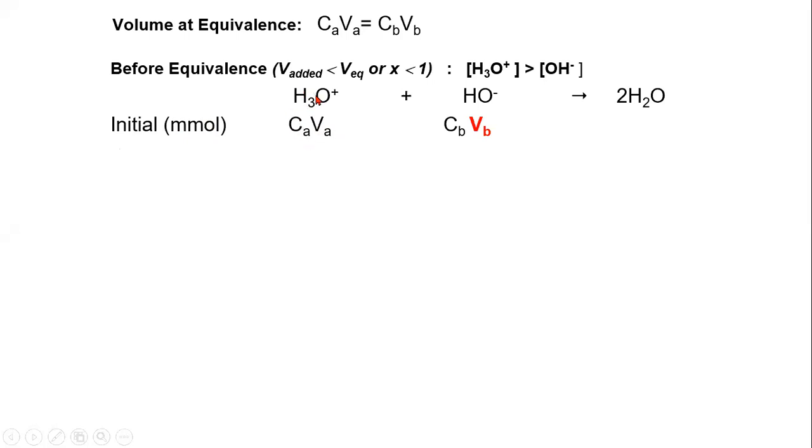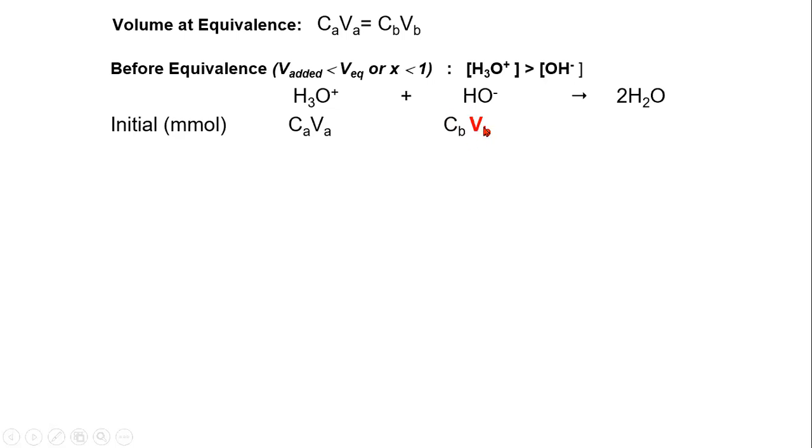So that's the concentration of H3O plus times its volume. And here I'm going to put the concentration of base times the volume of base that has been added. Now we have a known volume of base added. Of course, before the equivalence point, my base is my limiting reactant.